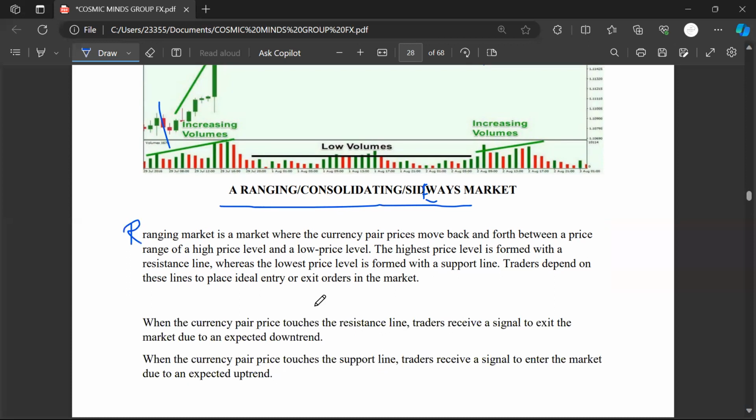A ranging market is a market where the currency prices move back and forth between a higher price level and a lower price level. I've already explained it; this is just a reading. The highest price level is formed with a resistance level, whereas the lowest price is formed with a support level. Traders depend on these lines to place ideal entry or exit orders in the market.